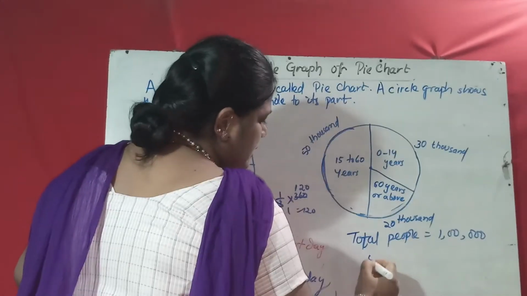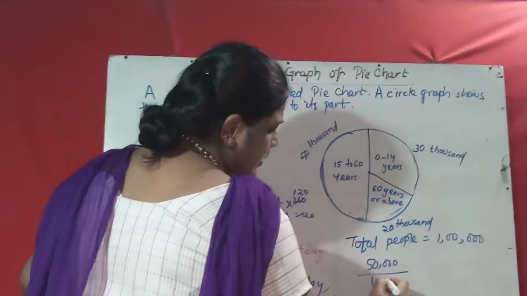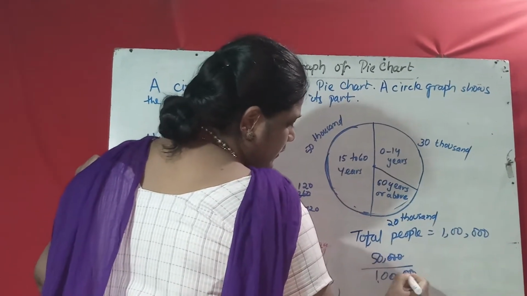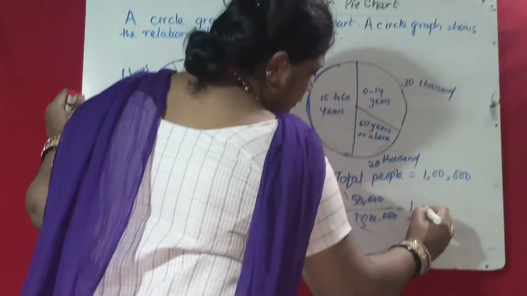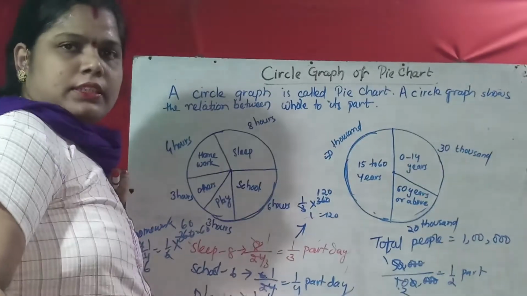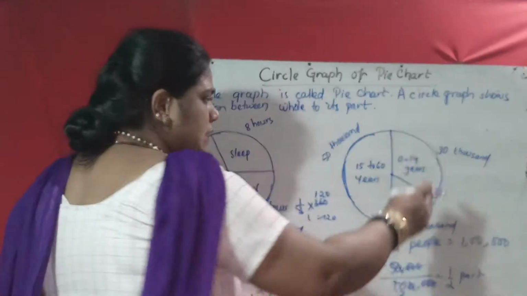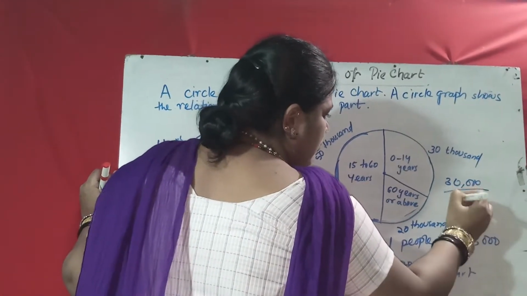That is 50,000 by 1 lakh, that is 1/2 part. Okay, 1/2 part means half of the city. Half of the people are 15 to 60 years. Suppose 30,000, same thing, 30,000 by 1 lakh.